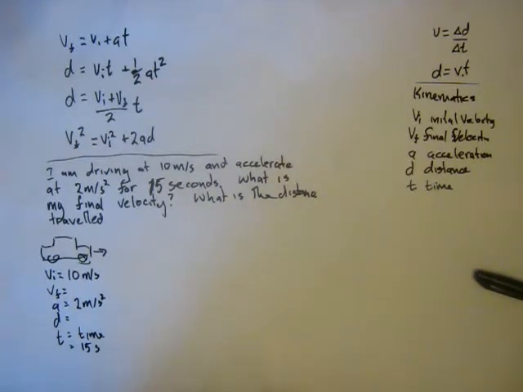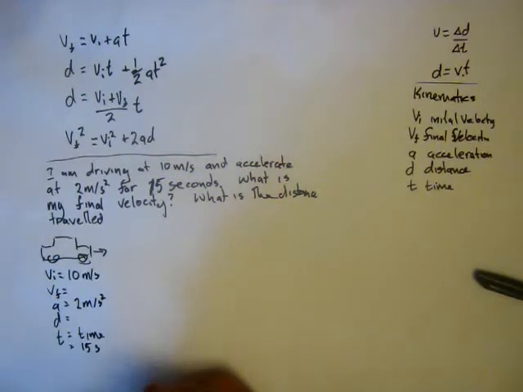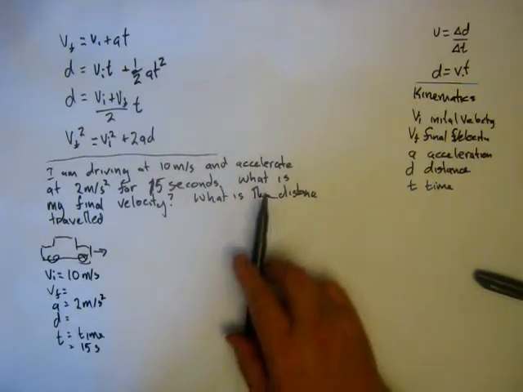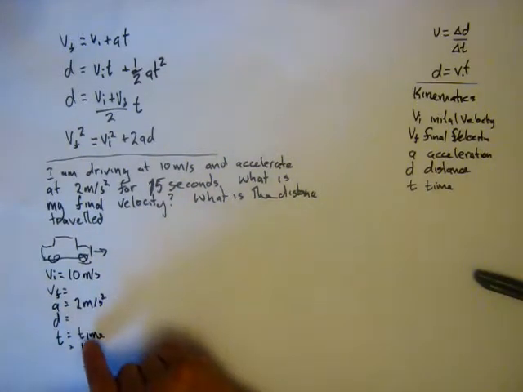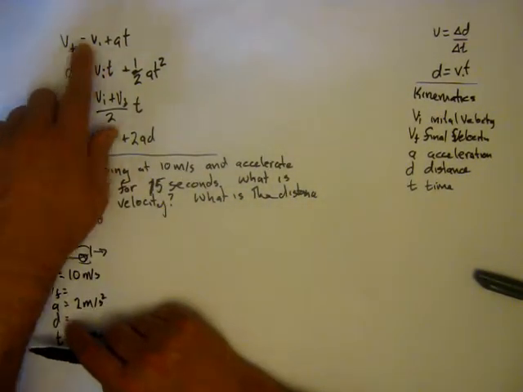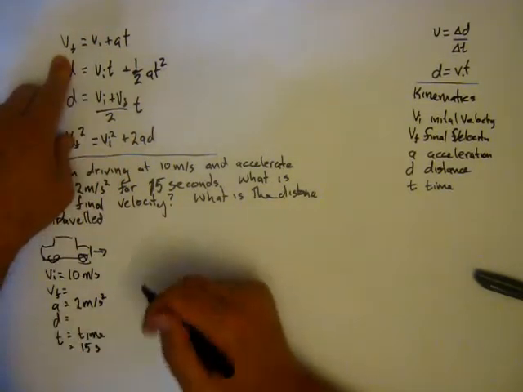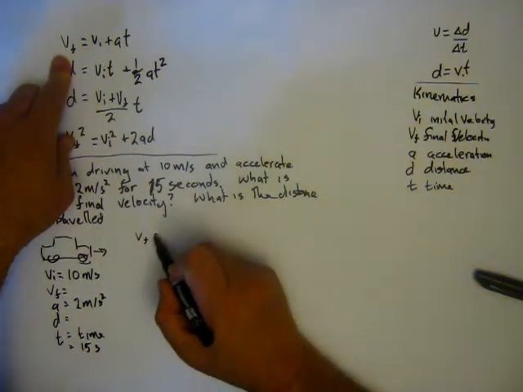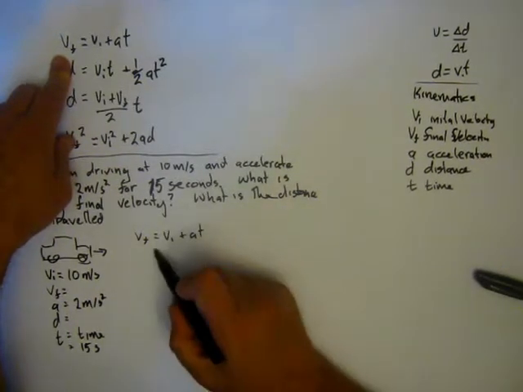Okay, so let's try this. I know 3 of these things. I can work out the other 2. So I'm going to look for an equation that has VI, A, T in it, and has one of these 2. And that's going to be this one, VF equals VI plus AT. Don't even have to rearrange this one.